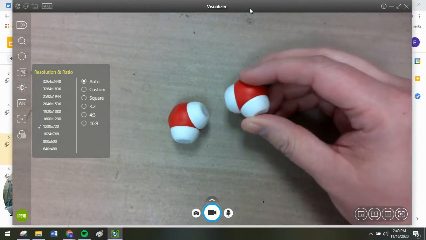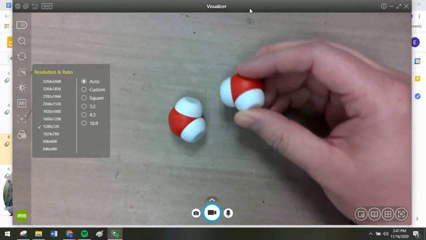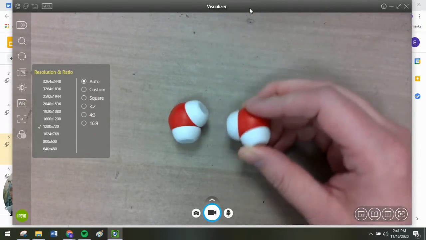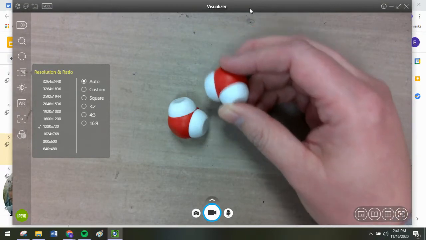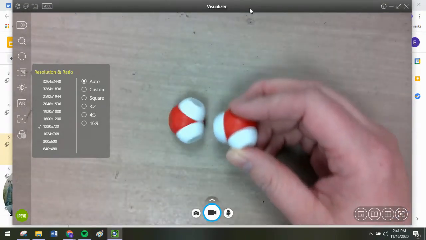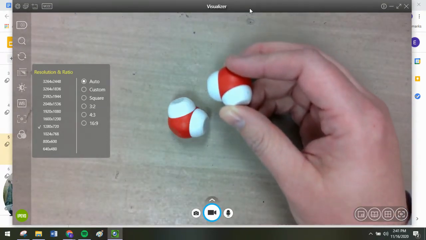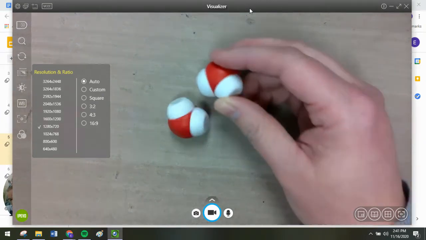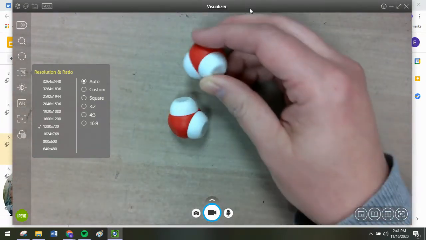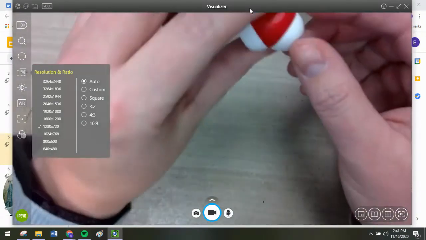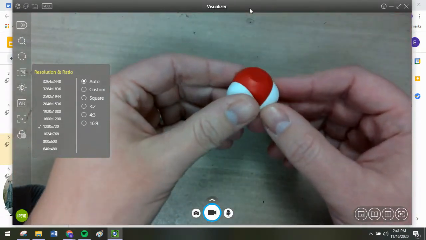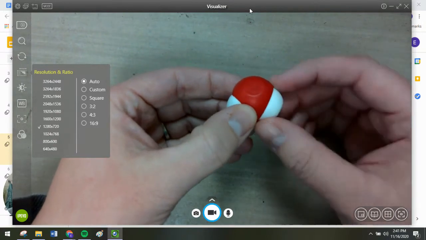So if I take the white end of my water here and bring it towards another white magnet part, because they are the same charge, either positive or negative, and I'm not sure which one, they are going to repel each other.